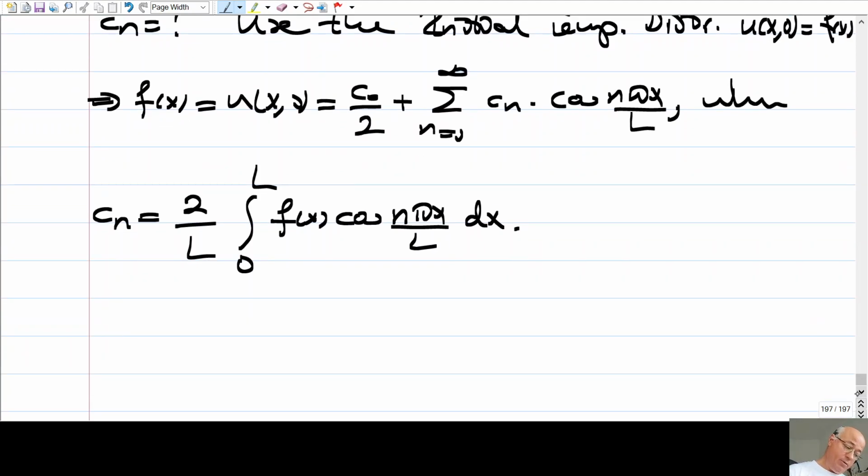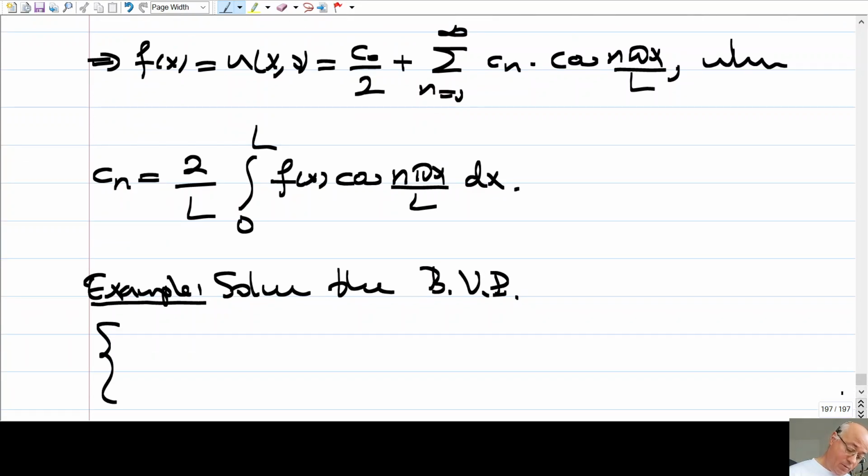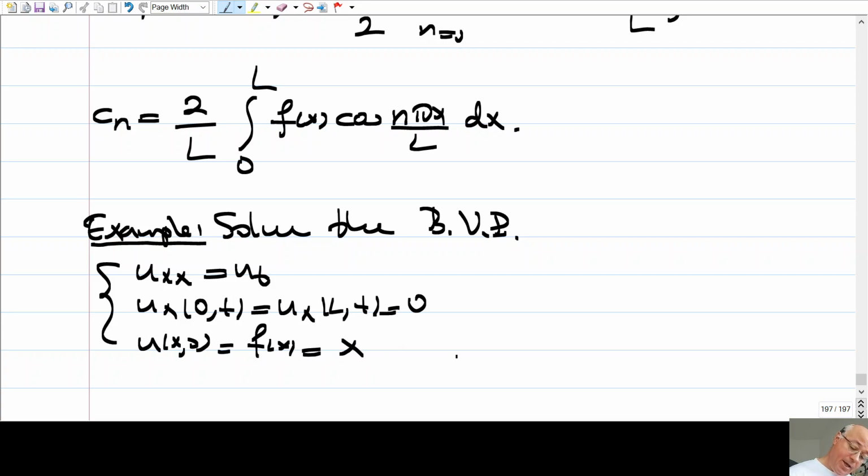Yes. So let's do one example. Solve the boundary value problem: u_xx equals u_t, u_x(0,t) equals u_x(L,t) equals 0, and u(x,0) equals f of x, where f of x is x, and L is given to be 25 centimeters.